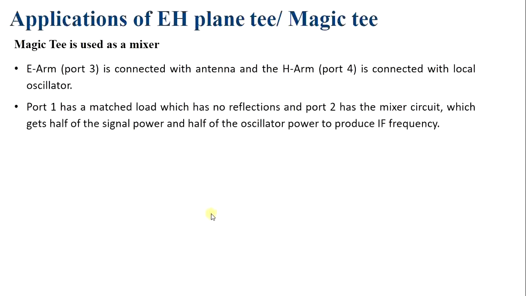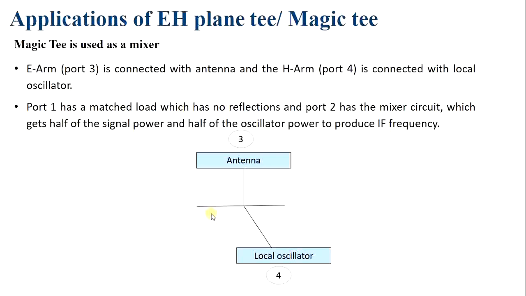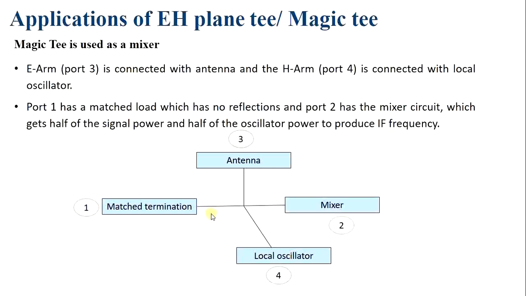Magic T can also be used as a mixer. For this, port 3 is connected with the antenna and port 4 is connected to the local oscillator, as you can see in the figure, and port 1 has a matched load which has no reflection, and port 2 is connected to the mixer circuit where half of the signal power and half of the oscillator power come in order to produce the intermediate frequency.